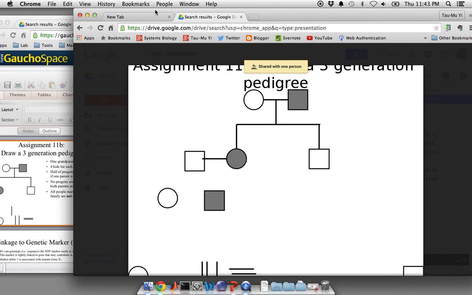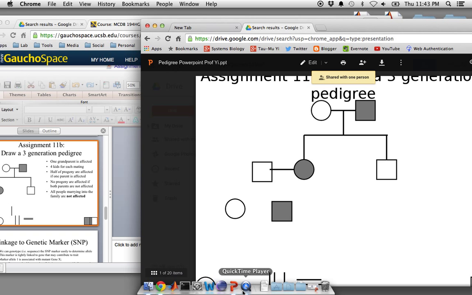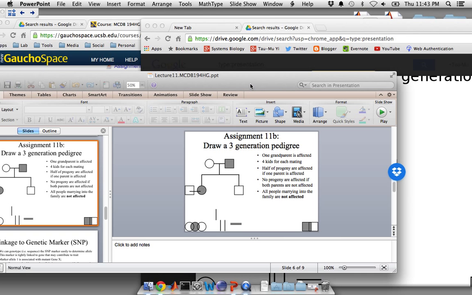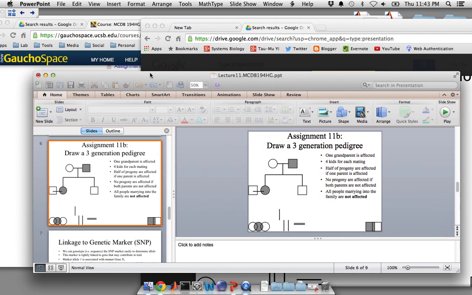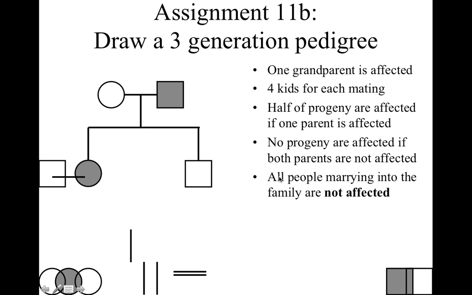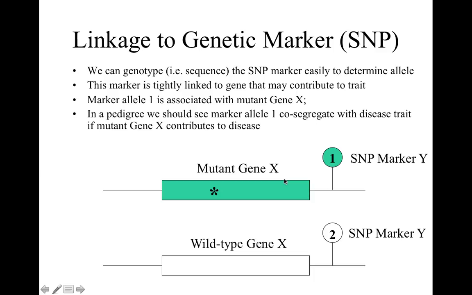So now back to the lecture. As I mentioned last Tuesday, one goal of modern human genetics is to identify genes that contribute or influence a complex trait.